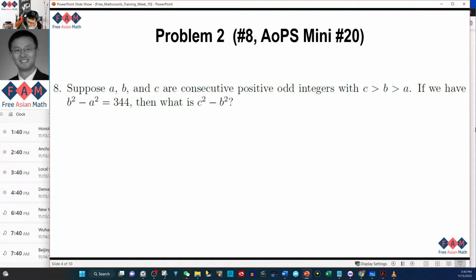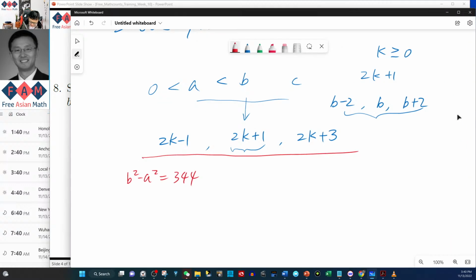Yes. So if that's the case, you just do whatever you need to do. Because we represent B as 2k plus 1, this is just (2k plus 1) squared minus (2k minus 1) squared. Do we really need to expand both, then sum them together?